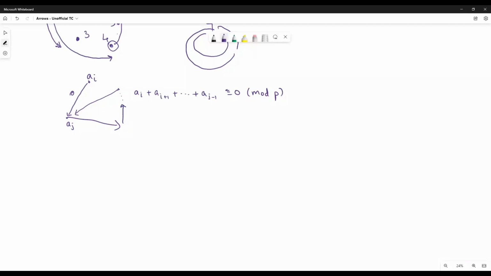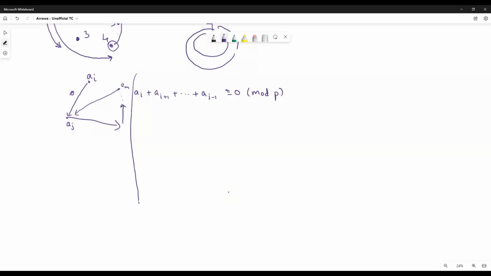Now the vertex that we ended from, say AM, till this AN, this thing is congruent to the total sum of all elements mod P, which is not congruent to 0 mod P. And we have AI till AJ congruent to 0 mod P, which is in contradiction then.